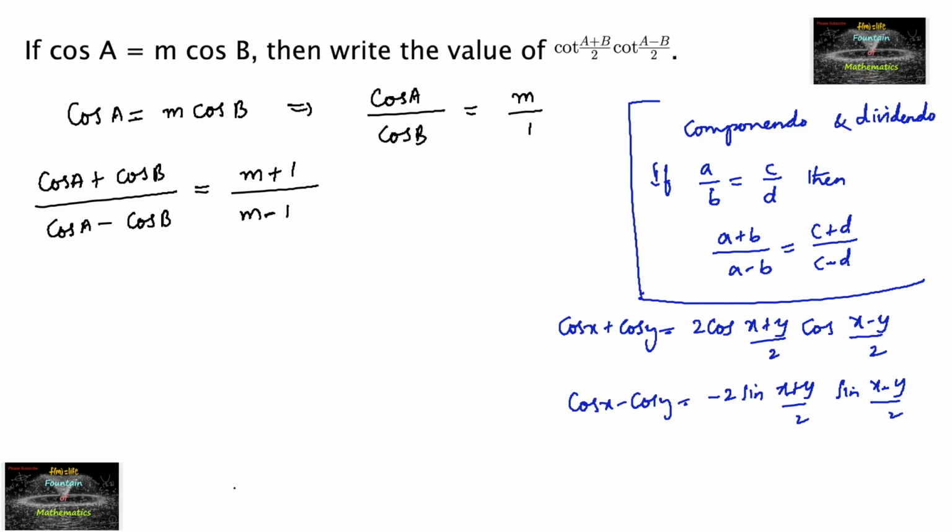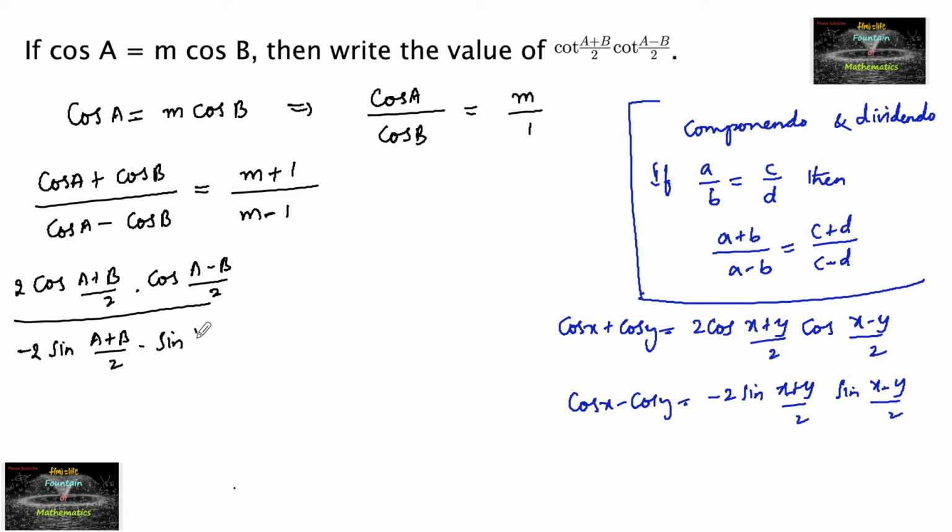So we have here 2 cos (a plus b) by 2 into cos (a minus b) by 2 upon minus 2 sin (a plus b) by 2 into sin (a minus b) by 2, which equals m plus 1, or we can also write this as 1 plus m upon minus of (1 minus m), right?